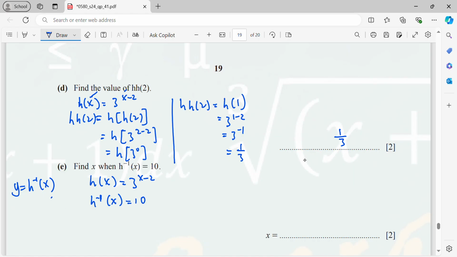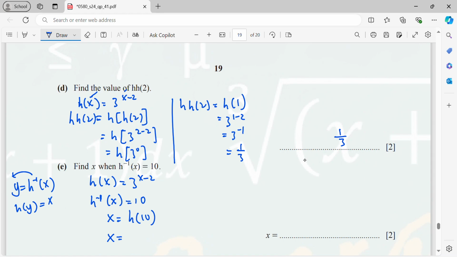So x will be h(y). That is the relationship, alright? So h inverse of x is 10. That means your x equals h(10). That's the meaning of inverse function. So now x equals h(10).